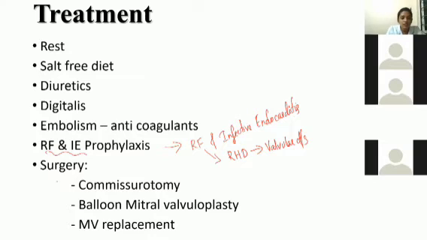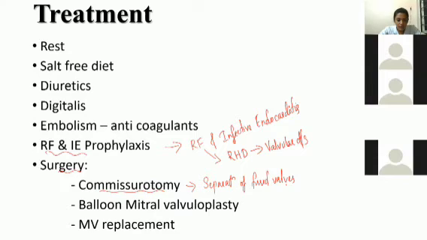If the condition is worse, and the valve is not functioning at all, we should go for surgery. First one is commissurotomy. This is separation of fused valves. If the valves are fused, that's why it can't open, so we will do commissurotomy.